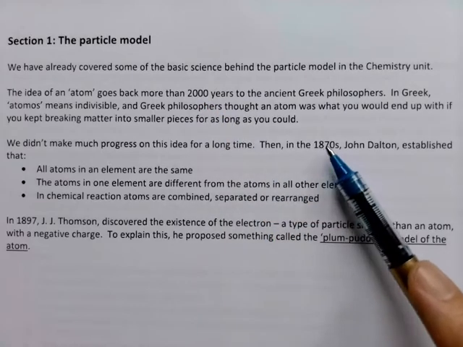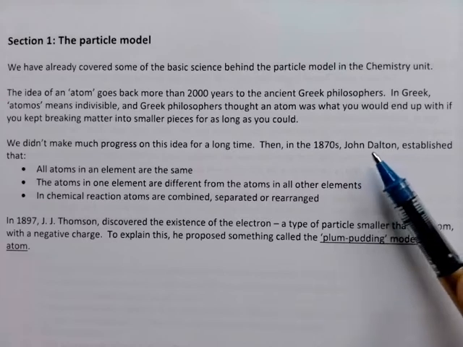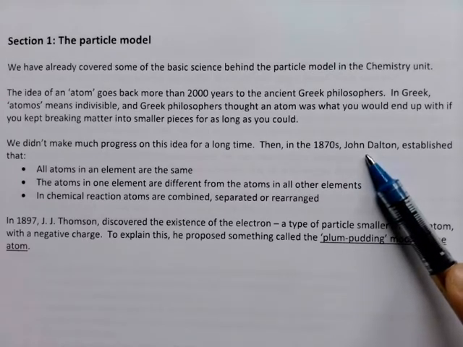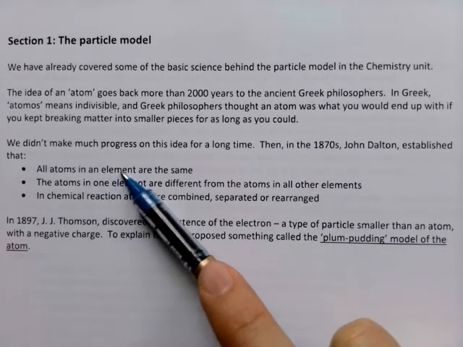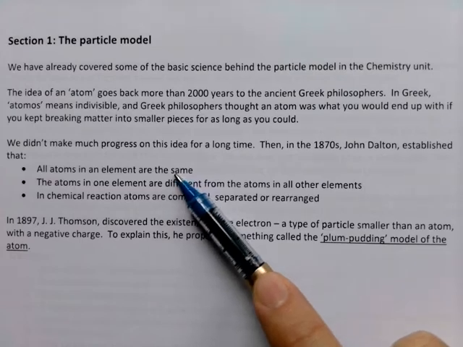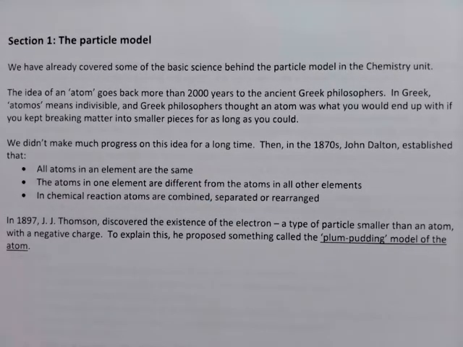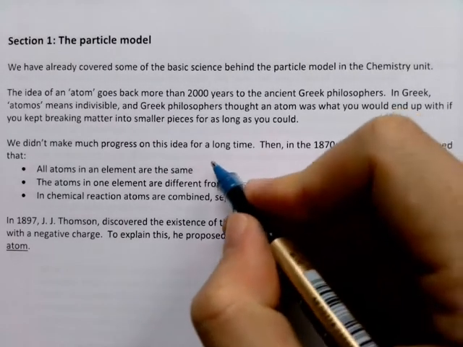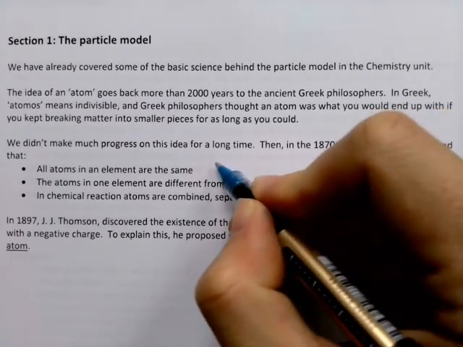And then in the 1870s, so only about 150 years ago, a man called John Dalton established that all atoms in an element are the same. You'll know that because you'll remember when we did the chemistry topic, I said, think about a piece of gold.